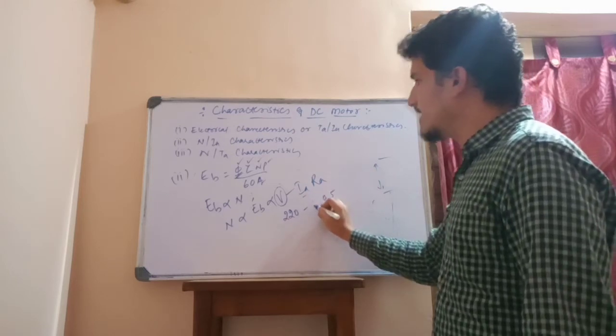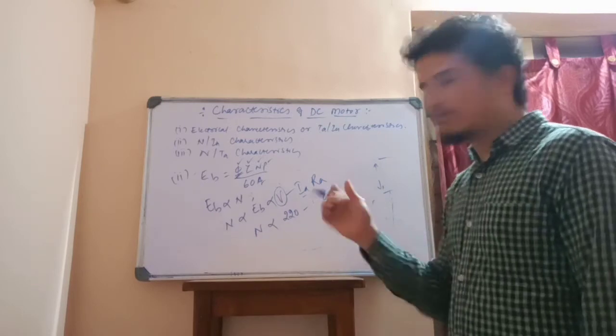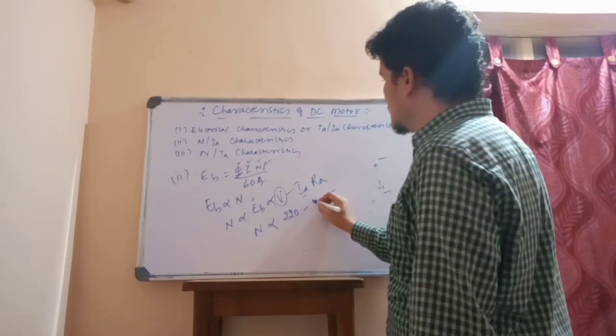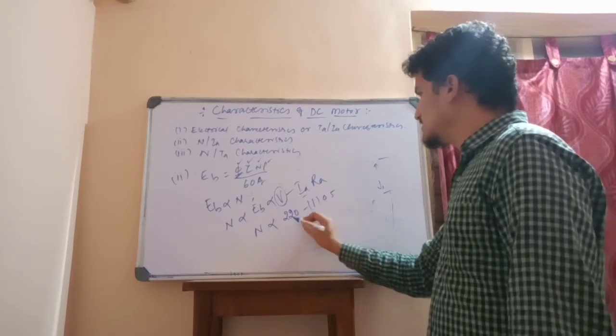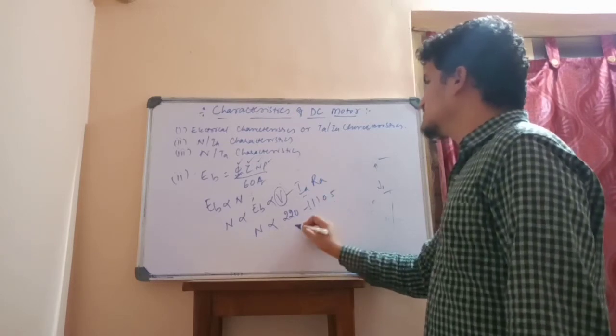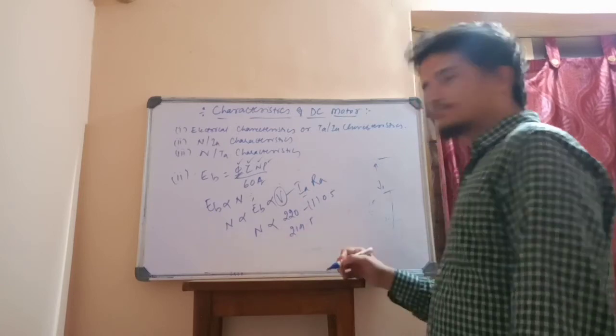Only the current varies. N is directly proportional. Current only varies. So current may be 1 amp. So what would be the resultant? 220 minus 0.5, 219.5.